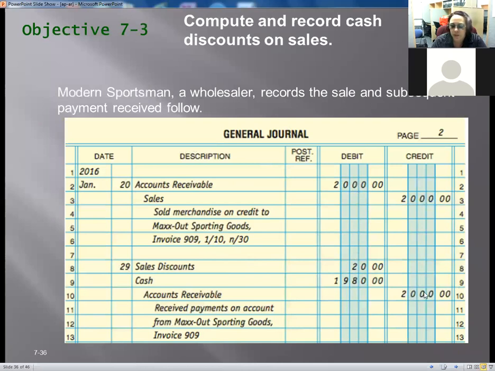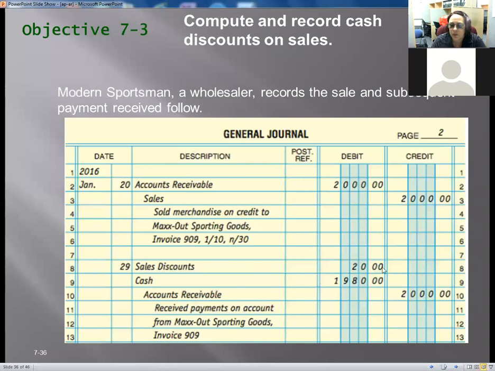And then you credit the accounts receivable for $2,000, and just show that you received the payment on invoice 909. And I would have even put on here paid within 10 days, or even put the original invoice date, so it won't ever come into question that it was actually 9 days apart or 10 days apart.